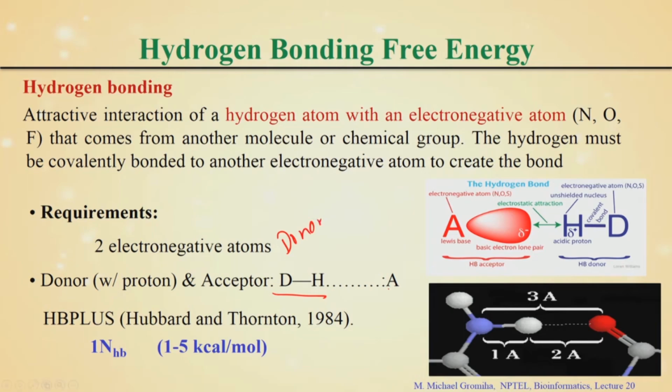So, we need two electronegative atoms, A and D, where one is attached to hydrogen. The distance between this acceptor and donor is about 2.3 to 3.3 angstrom, and approximately you can take 3 angstrom between the two heavy atoms. This is how we identify hydrogen bonds in systems. Now we can identify these hydrogen bonds in protein structures.